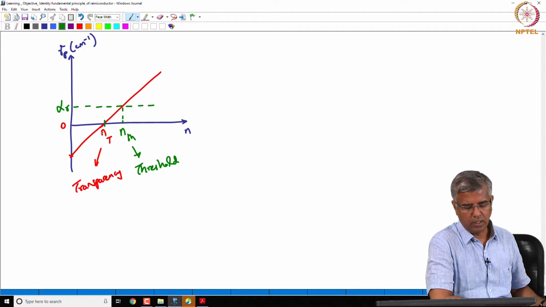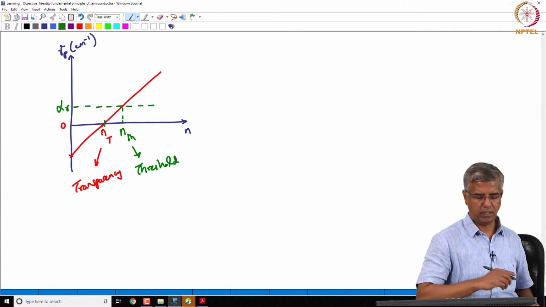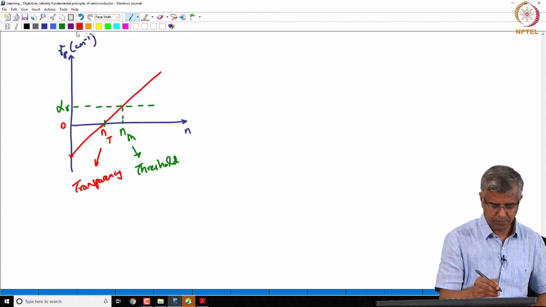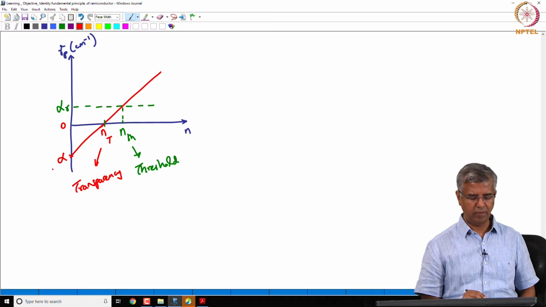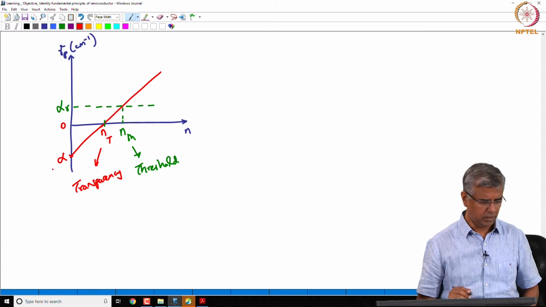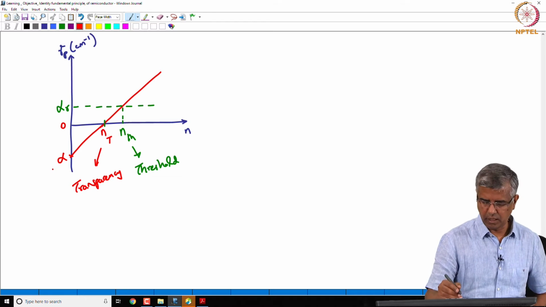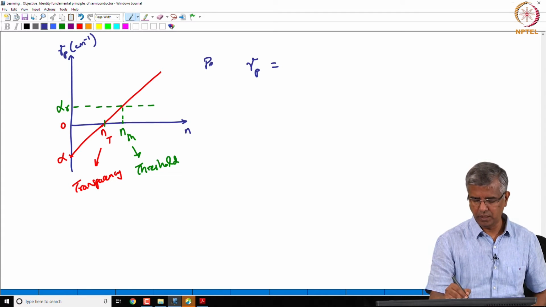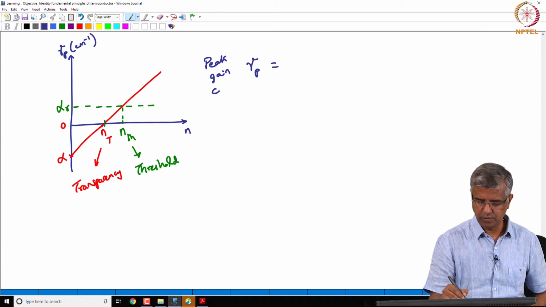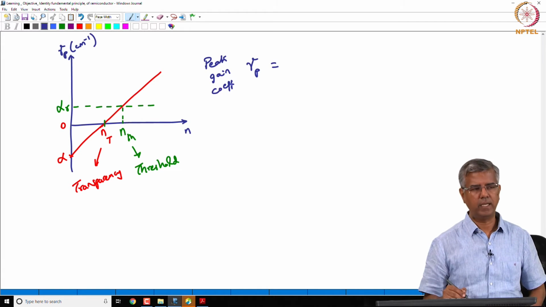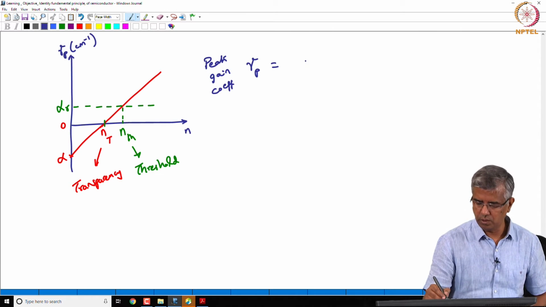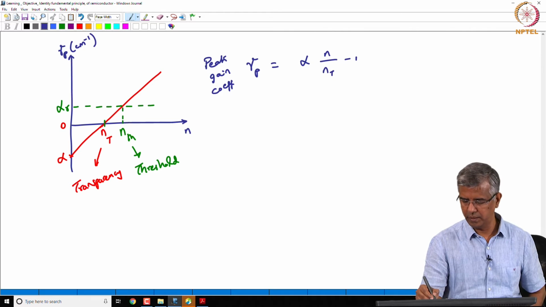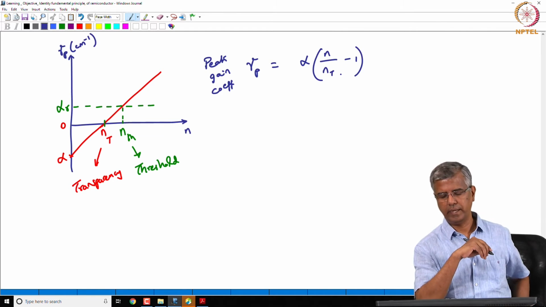Okay. So, you have two different quantities that you are having to track, and let us say you have alpha corresponding to the loss in the medium. Then you can write your peak gain coefficient gamma p is going to be equal to alpha multiplied by n over nt minus 1, right.